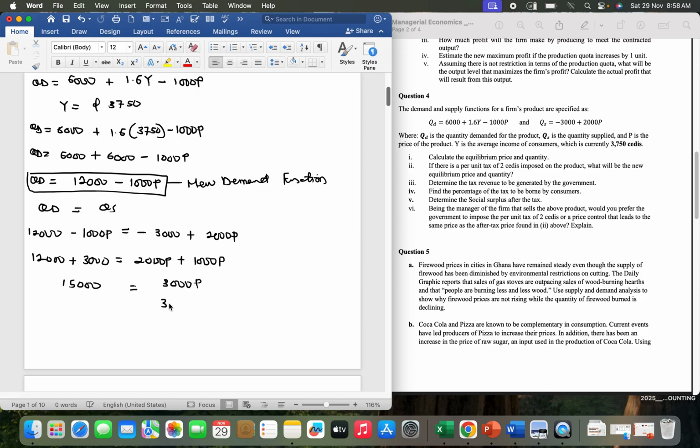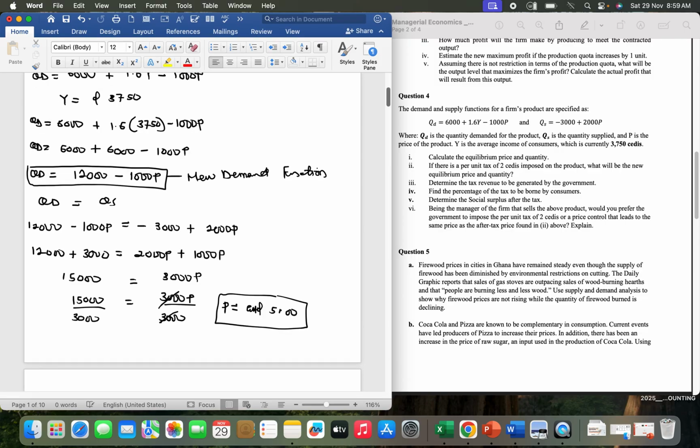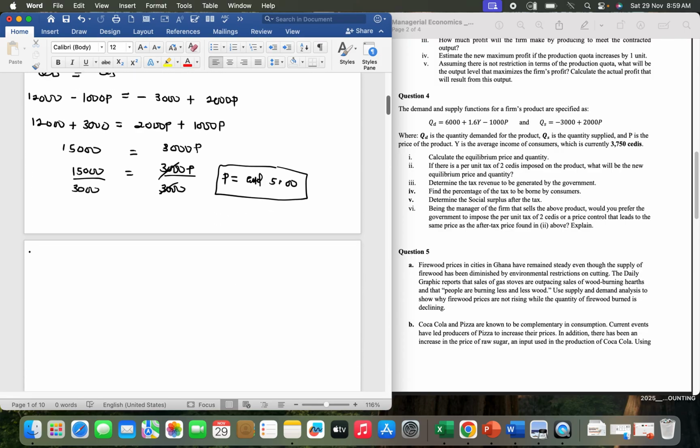If I'm finding P, I will divide both sides by the coefficient of P, which is 3,000. So the equilibrium price therefore is 5 cedis, 5 Ghana cedis. That's the equilibrium price. So we now move to the equilibrium quantity.